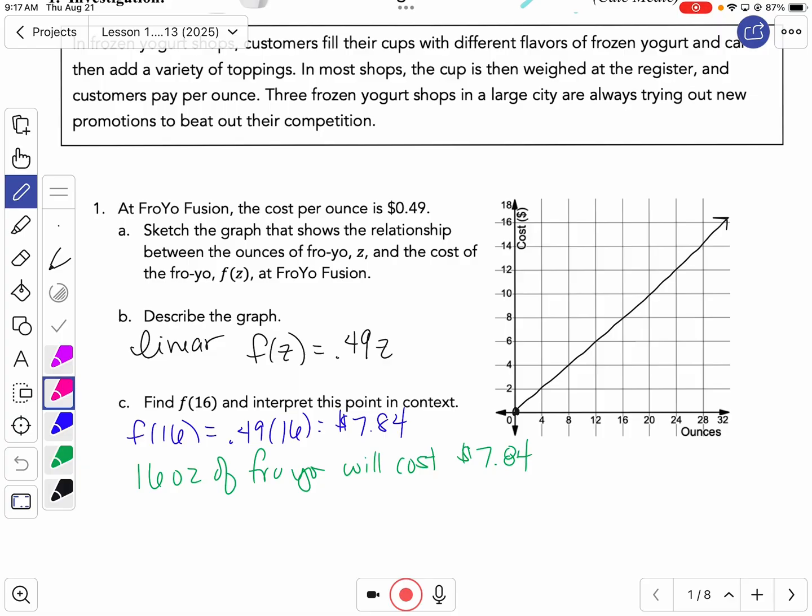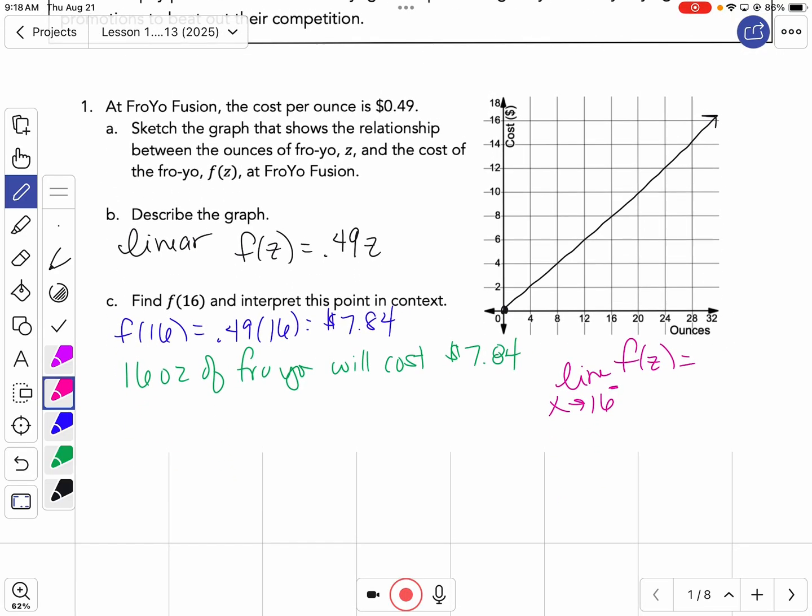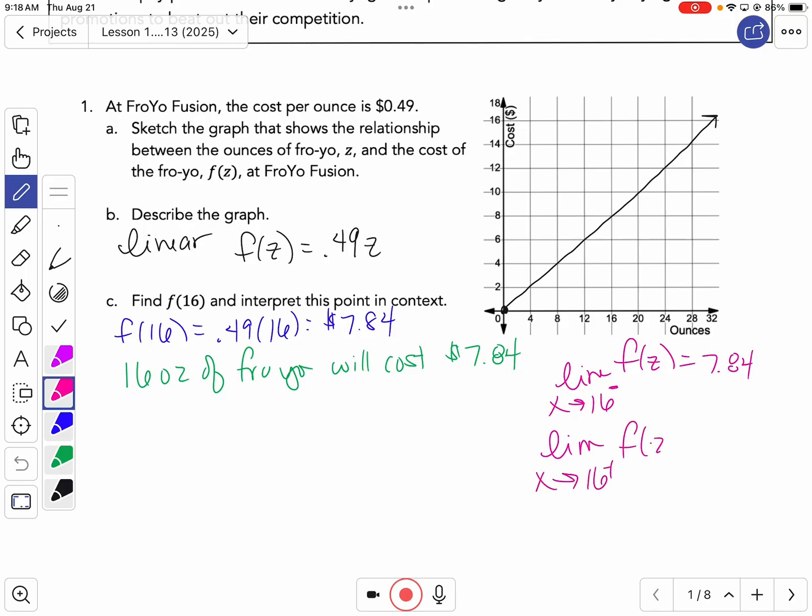It didn't ask you this, but what would be the limit as x approached 16 from the left for that function? $7.84, okay? What would it be if we took the limit as x approached 16 of f of x from the right? 784. And what was the value of the function at 16?